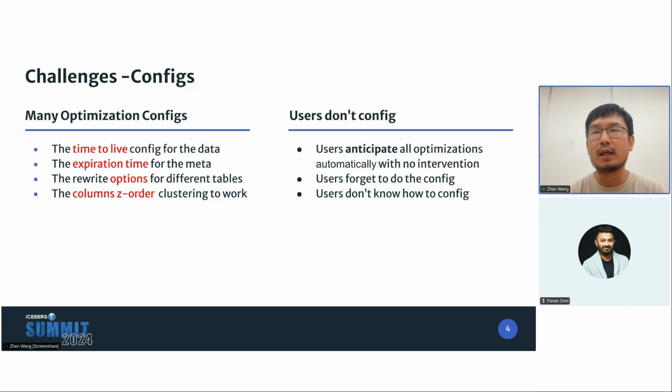Even for knowledgeable users like data engineers, they know they have to tune these configs, but because they manage a lot of Iceberg tables on this platform, sometimes they forget for those less important tables, the tables with low service level agreements. And for most of the users, they don't have that kind of knowledge, so they simply don't know how to do the config.